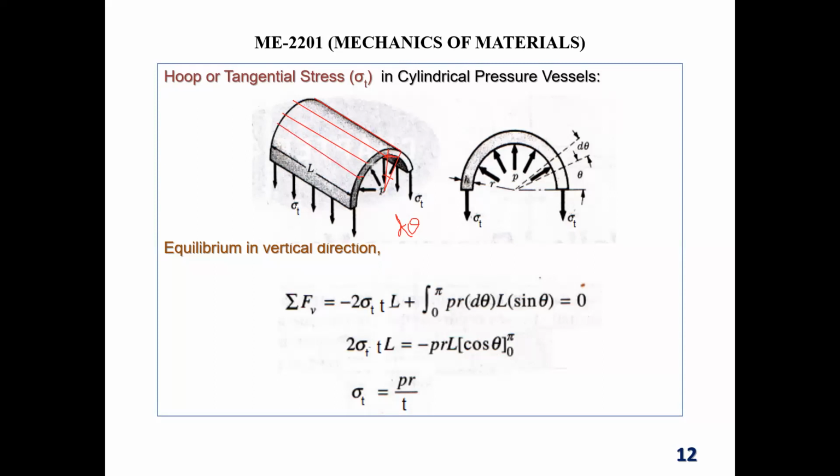This segment has length L and thickness T, but only the inside portion is experiencing pressure. So I got this length r d theta, and total length is L, so the area will be r d theta into L.